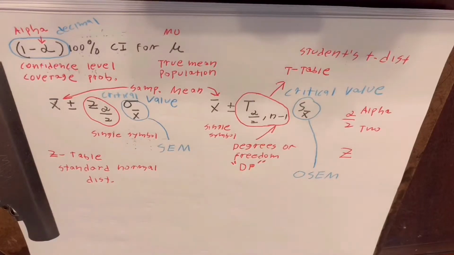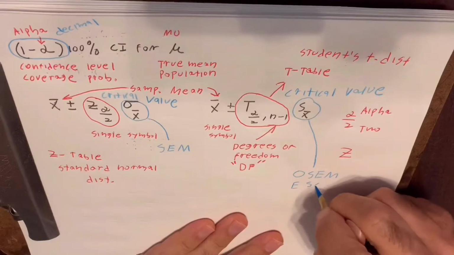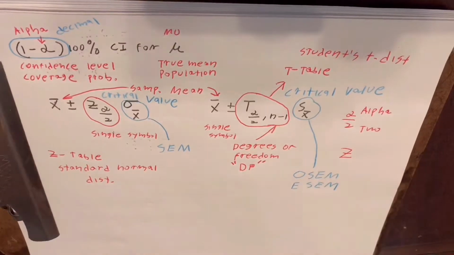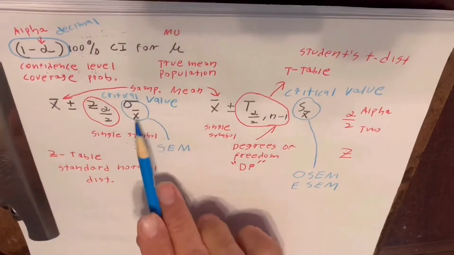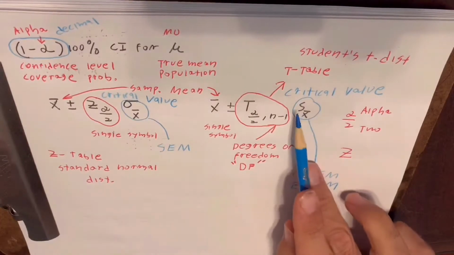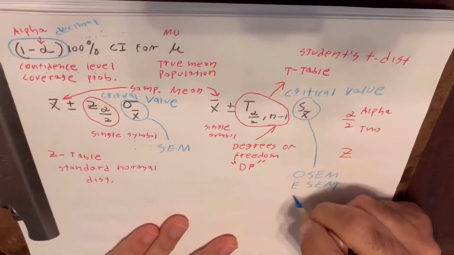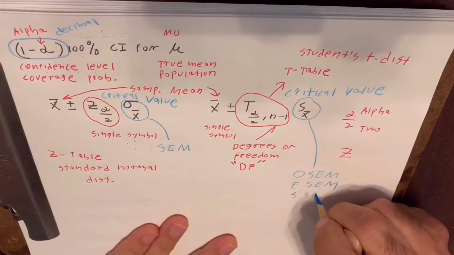Now, some people will call it the estimated standard error of the mean. You could use either observed or estimated standard error of the mean, but that's the only difference here. This is the standard error of the mean. This is the observed standard error of the mean. Some people also call it the sample standard error of the mean.